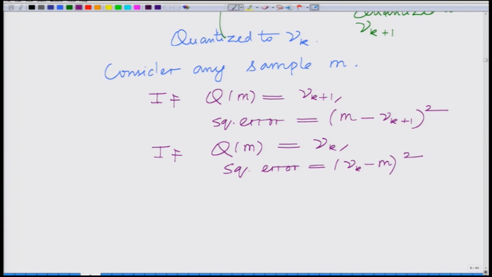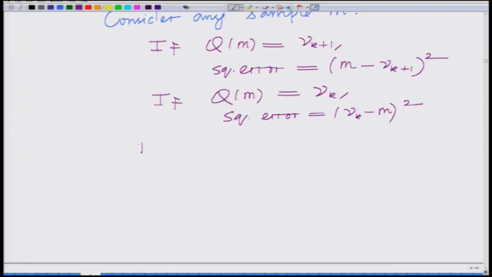That is the simple fact. Now, we have to choose nu k or nu k plus 1, whichever minimizes the square of the quantization error.